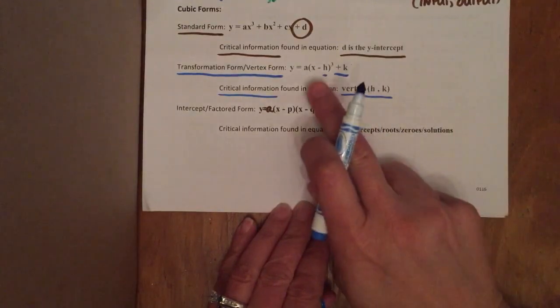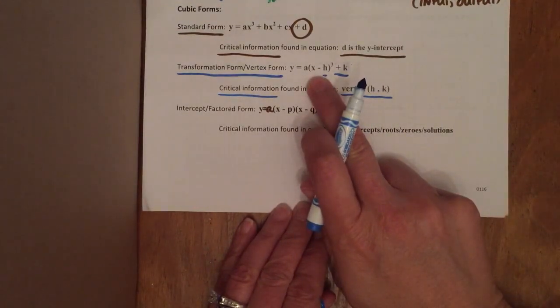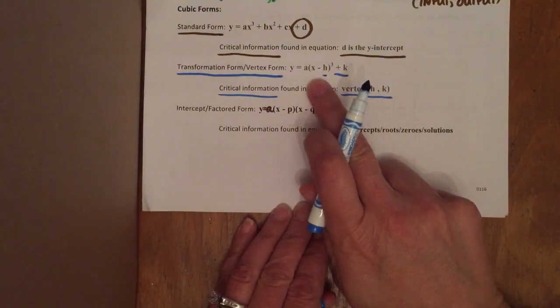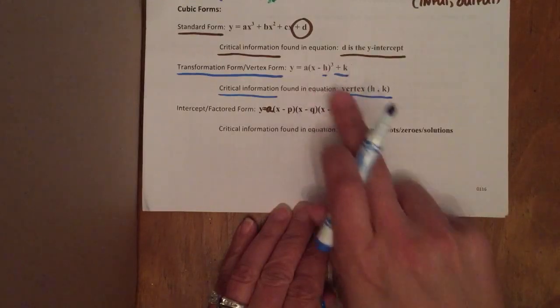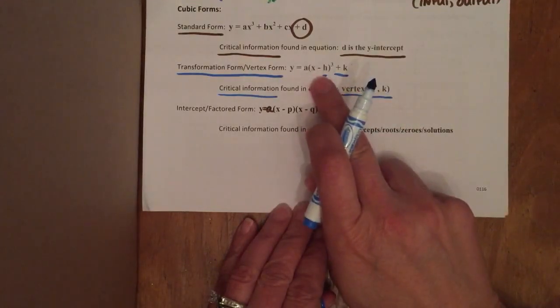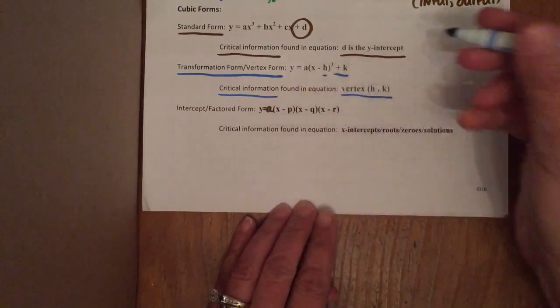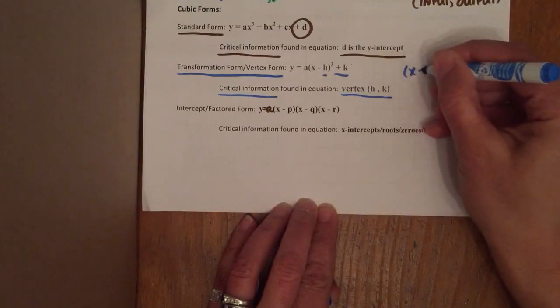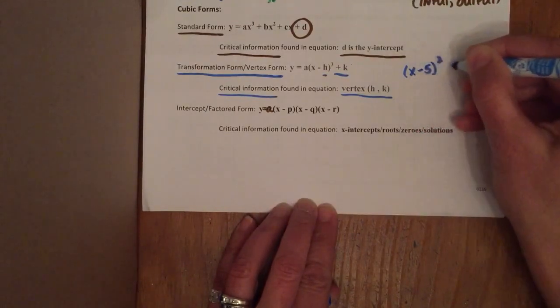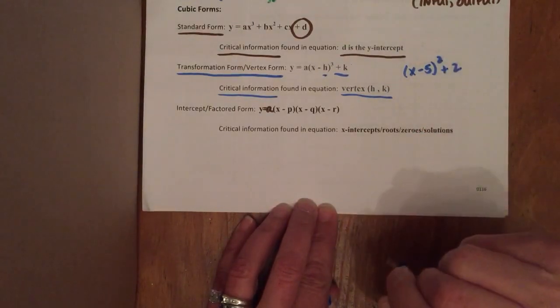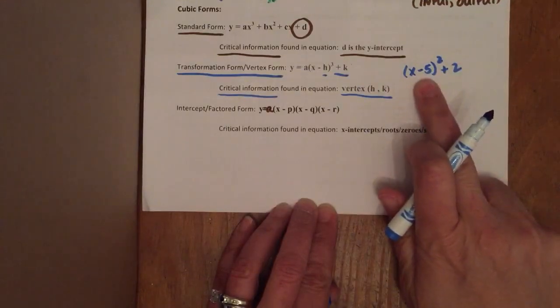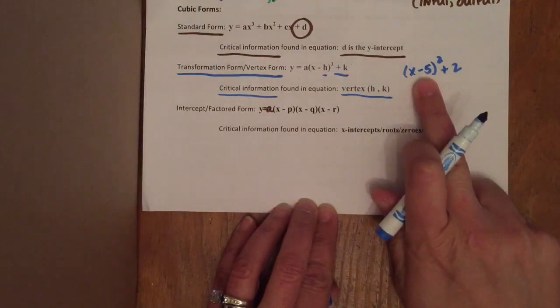Now remember, because the value of h is subtracted inside the parentheses, when you write the coordinates of your vertex, the h value is going to be opposite of the sign that's in the parentheses. So for example, if I have x minus 5 squared plus 2, my h value is going to be the opposite of the sign inside.